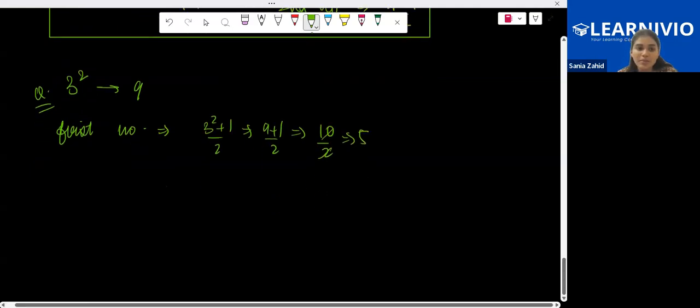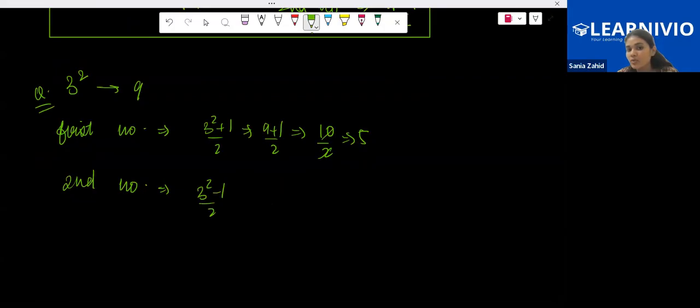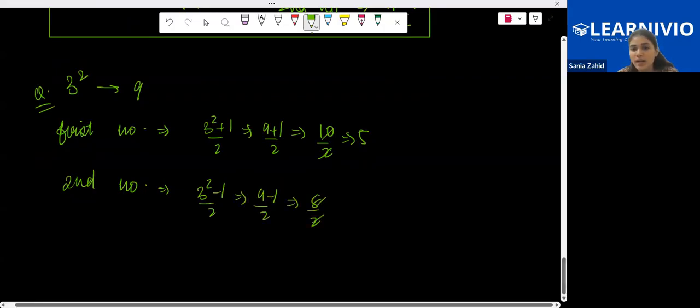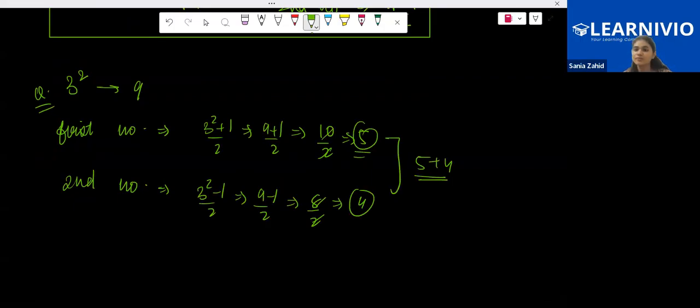And the second number becomes (3 square minus 1) by 2, that is (9 minus 1) by 2, or 8 by 2. Hence you get 4 as your answer. So it can be expressed as 5 plus 4.